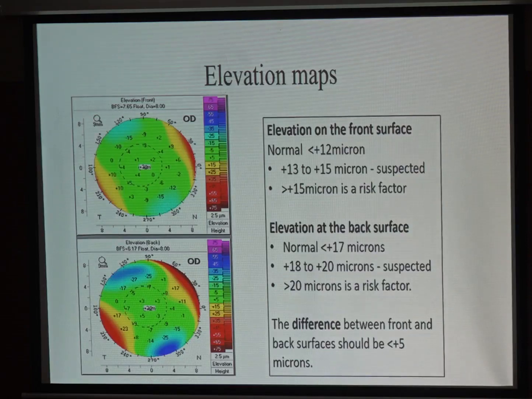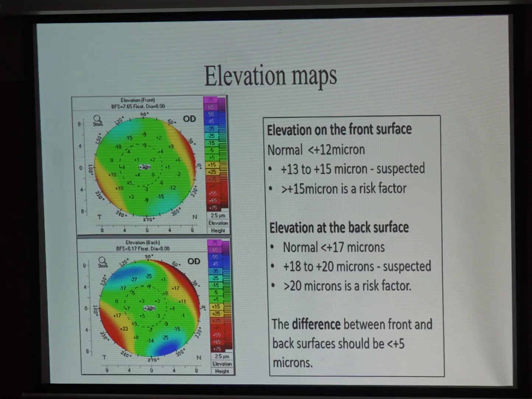So what does the elevation map depict? This is again on the basis of that best fit sphere that we have already talked about. The above image is the front elevation map and the below image is the back elevation map. First you have to see the color scale that is provided along with this map, right? We have discussed this earlier also.